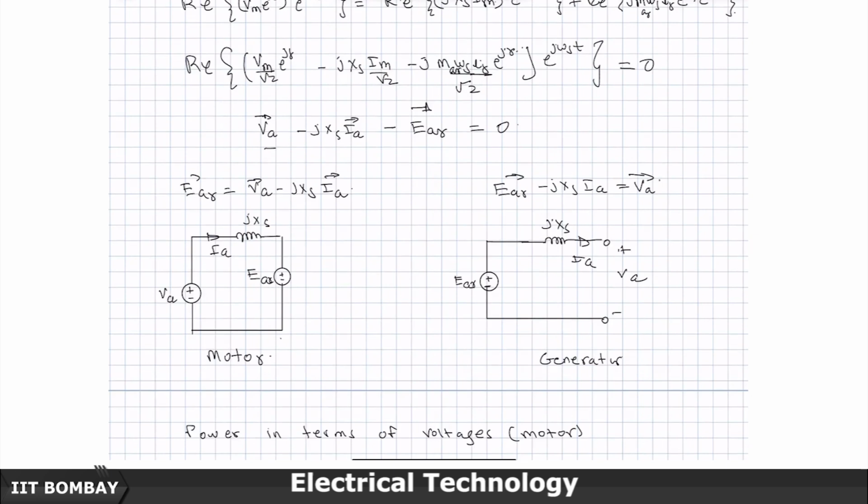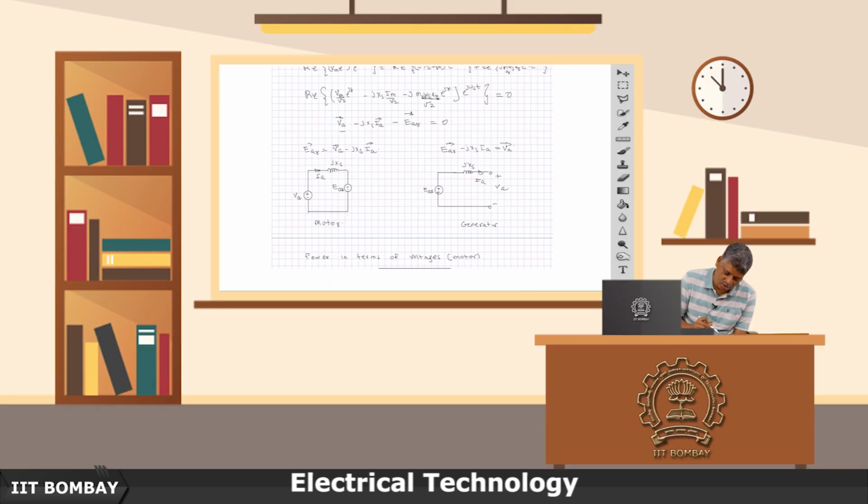Here the current is going into the machine, and here the current is coming out of the machine.